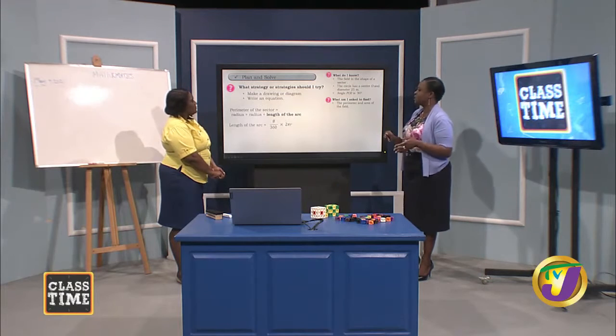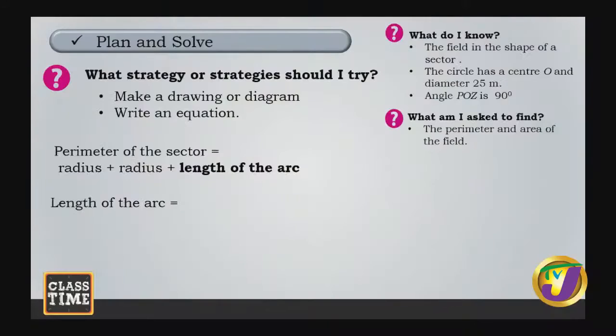So we would have had the diagram. The perimeter of the sector, as you would have said, would be the radius added to the length of the arc. Now we know what the radius could be, right? We know because we were told that the diameter is 25 meters, and we know that 2 radii make 1 diameter.